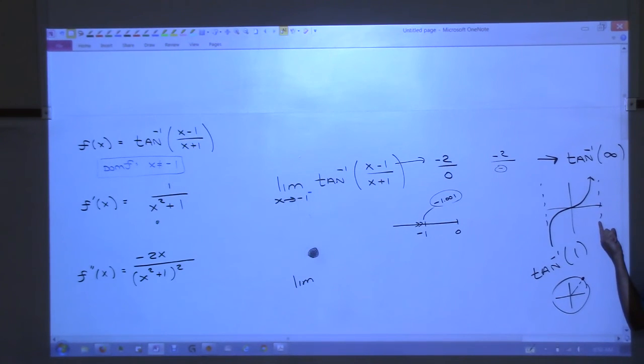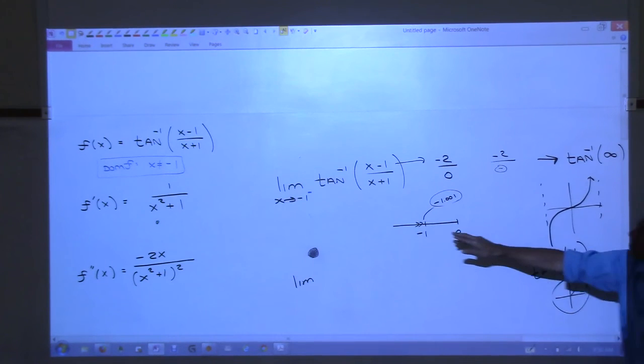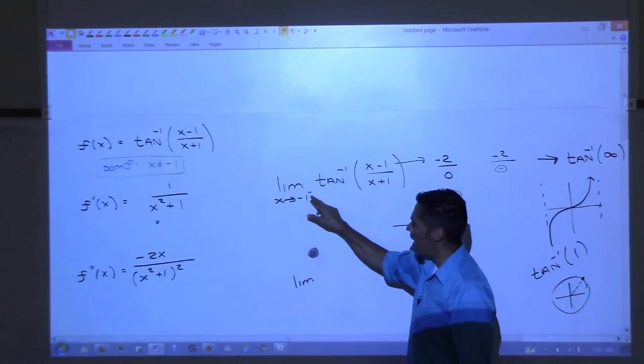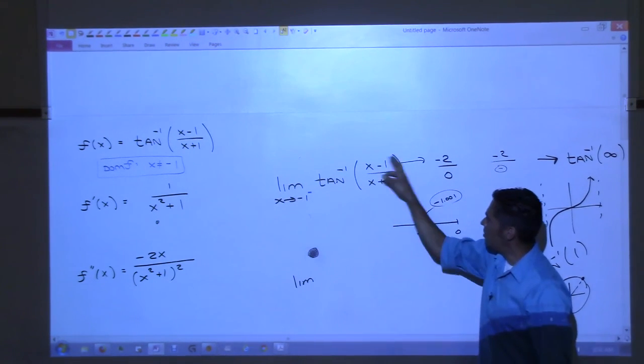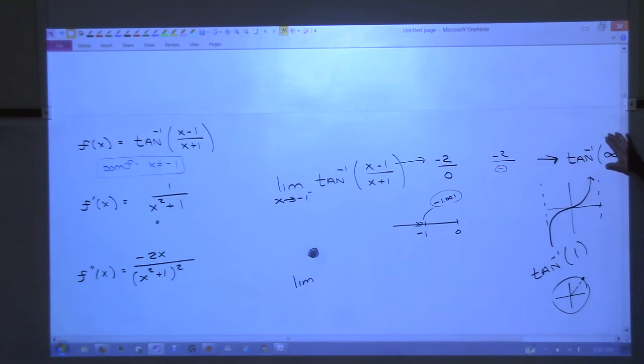Pi over 2. This is a limit. As x approaches negative 1 from the left, this thing goes to arctangent of infinity, which is approaching pi over 2. It's approaching it, it's not ever there. So this limit is pi over 2.